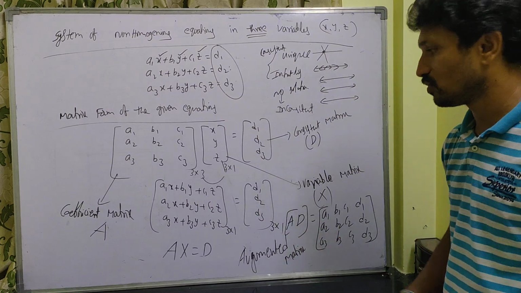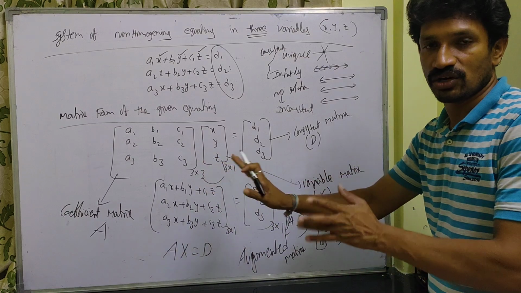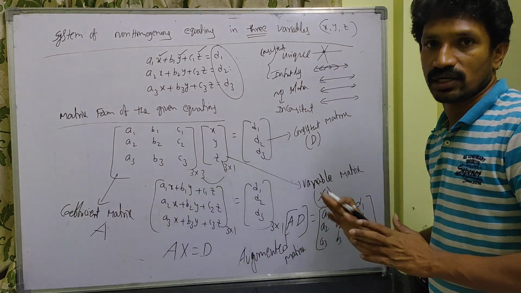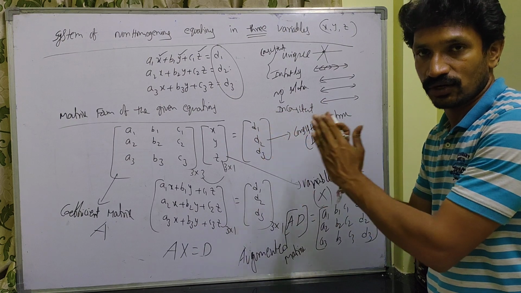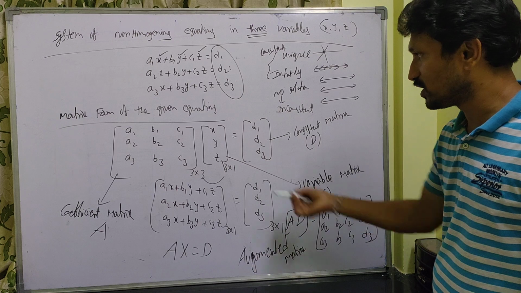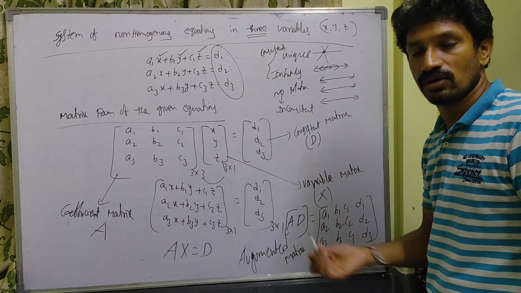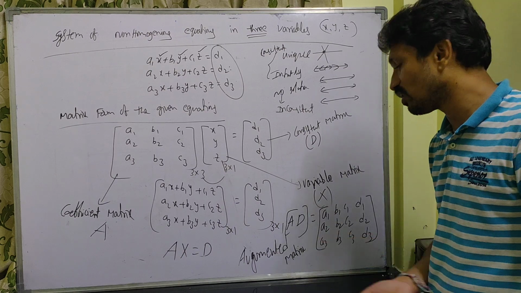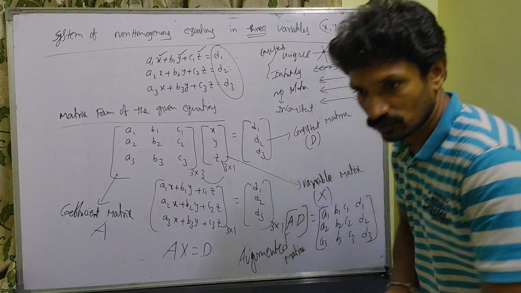Remember, the augmented matrix is the combination of the coefficient and the constant matrix. First should be coefficients, second should be constants. So the first three columns are coefficients, same as written here, and the last column is constants. Okay, clear?